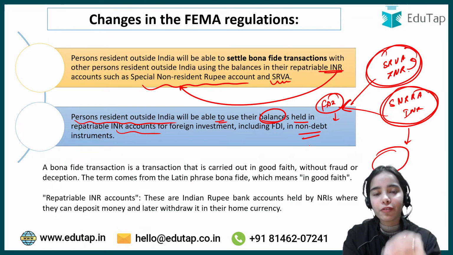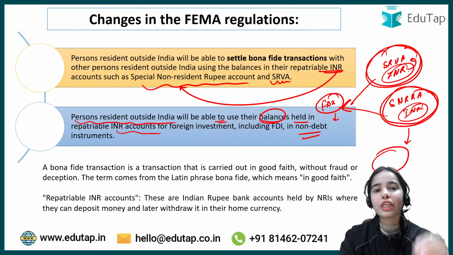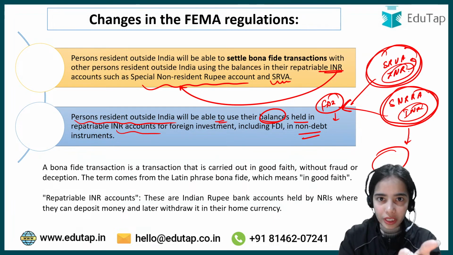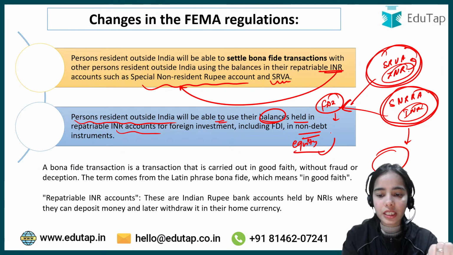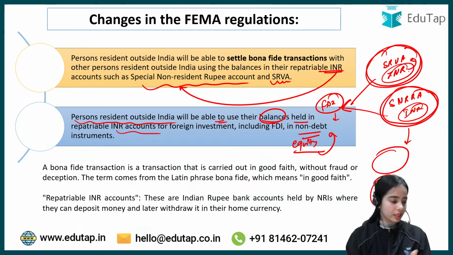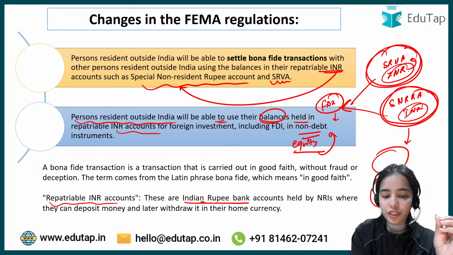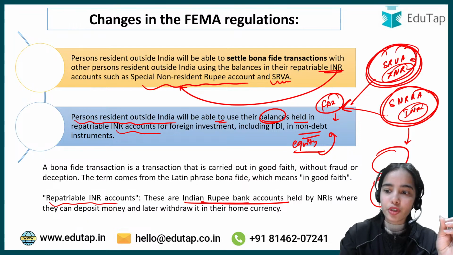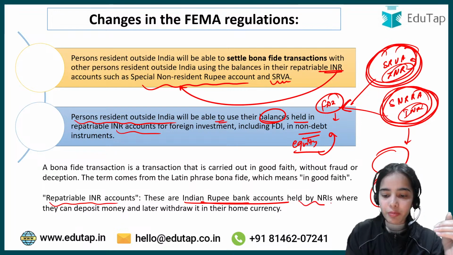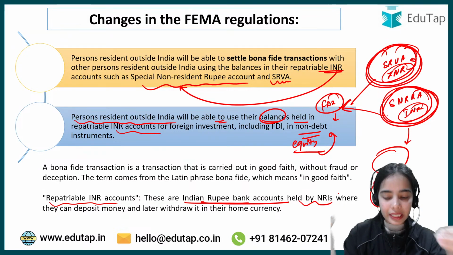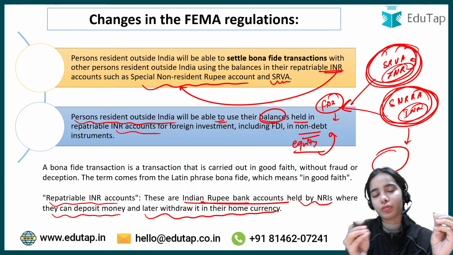That means they can invest this INR that is left in their accounts in India in foreign direct investment or in equity, that is, in non-debt instruments. So this is the idea. Repatriable INR accounts means these are the Indian rupee bank accounts, the bank accounts keeping INR held by non-resident Indians, where they can deposit money and later withdraw the money to their home currency.